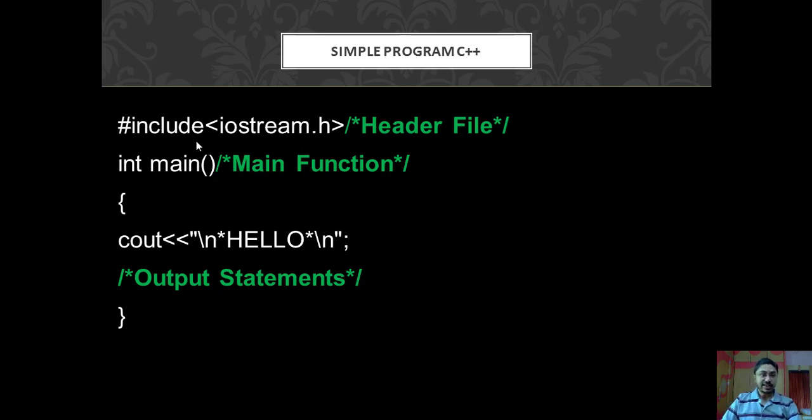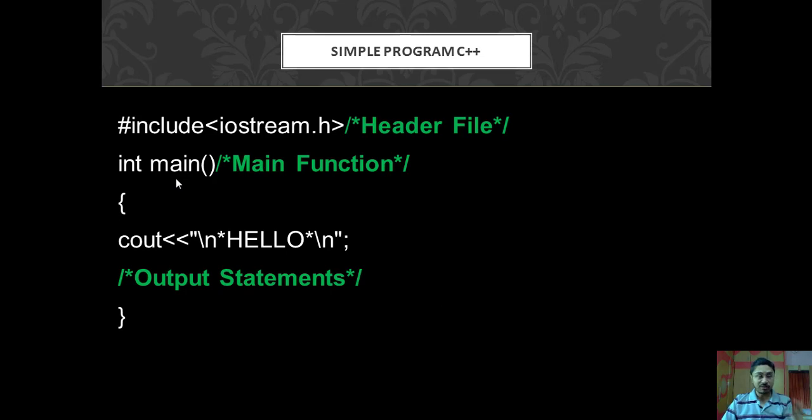Then we used int main. Now this is a function. As we all know, our program will always begin its execution from the main function. So hence we have written int main. Main is the name of the function which by default should be there in order to run the program.